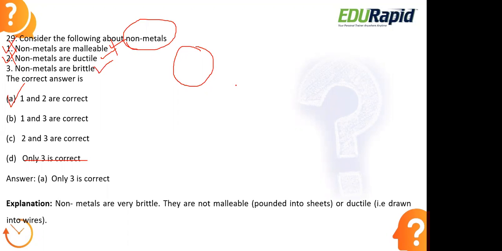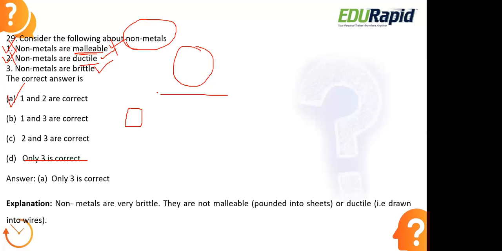We cannot convert this into a thin sheet, just like in the case of iron, gold or silver. If I beat iron by applying more and more pressure, I can convert it into thin sheets. So we have aluminum foil, gold foil, silver foil. That is malleability, where metals can be converted into thin sheets.